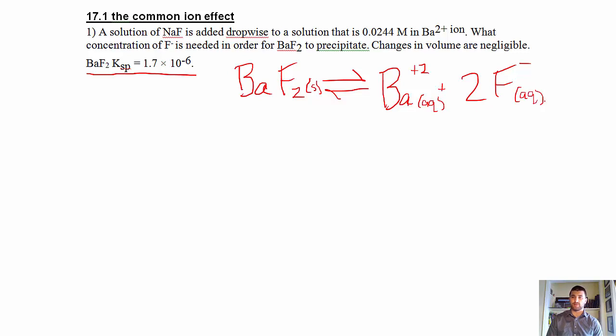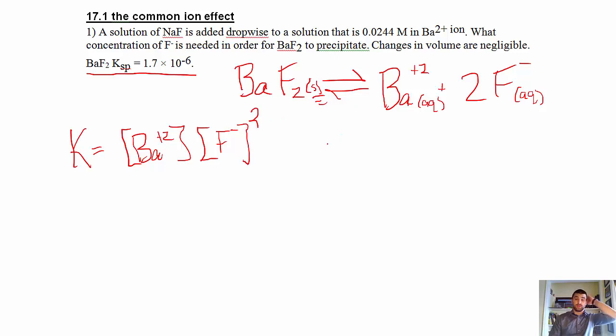So if we were to write the equilibrium constant expression for this, it would end up being just the concentration of Ba²⁺ times the concentration of the fluoride ion squared, because the solid's going to drop out. So this is going to happen whenever we're talking about dissolving a salt. So this is a special equilibrium constant that we call Ksp because it is a solubility product. So that's what that number is.